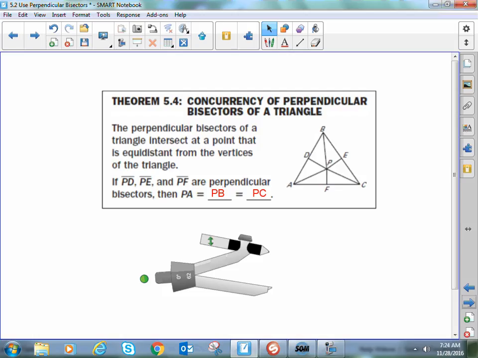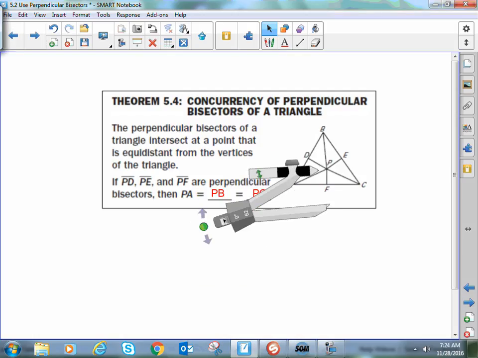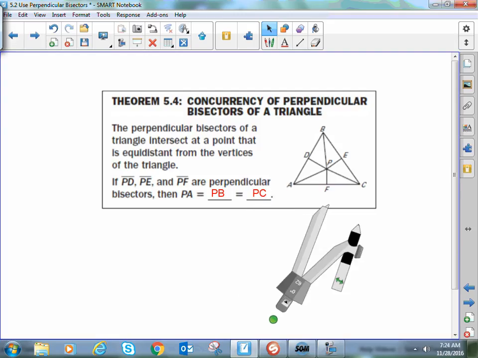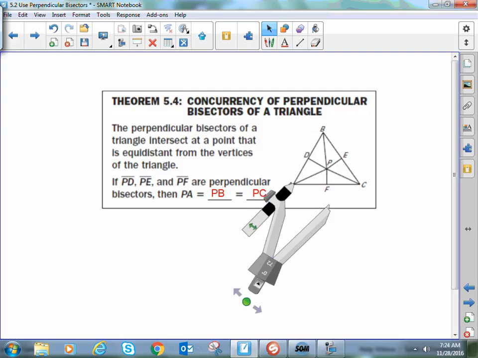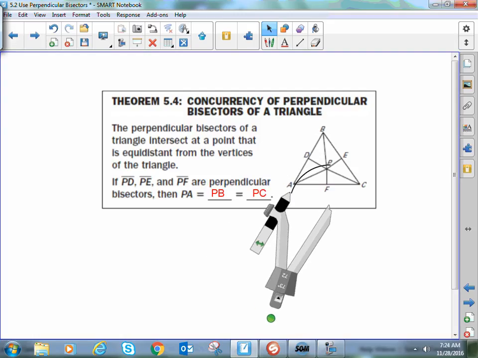So that means the distance from P to A, from P to B, and P to C should be the same. So if I take my compass here and try opening it up to point A, that looks okay, and I am not anywhere close. What am I doing?